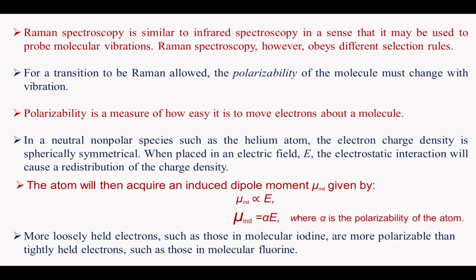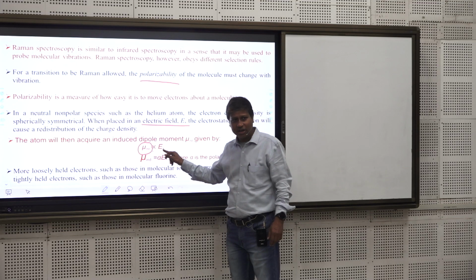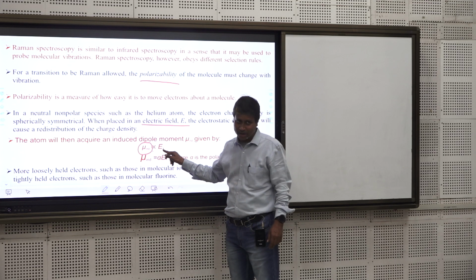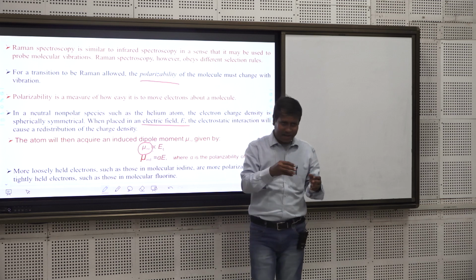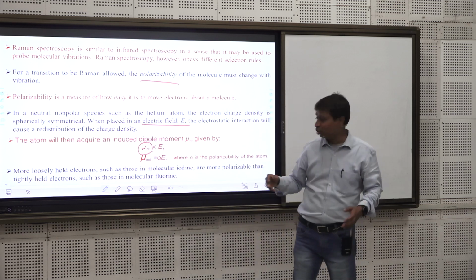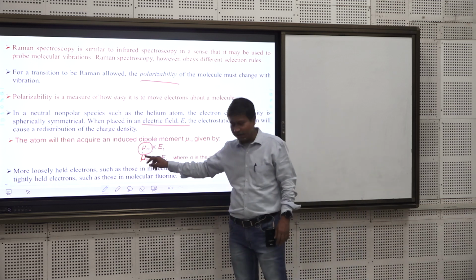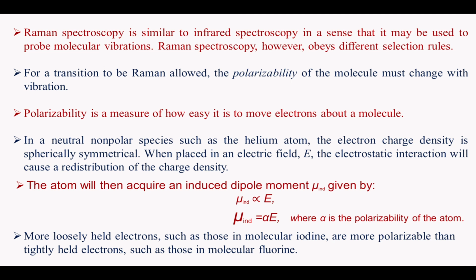This induced dipole is proportional to the electric field that you are applying. The stronger the light you are giving, the stronger the induced dipole generated. The proportionality constant is alpha, which is the polarizability. So mu induced, because of the incident light, becomes alpha E.